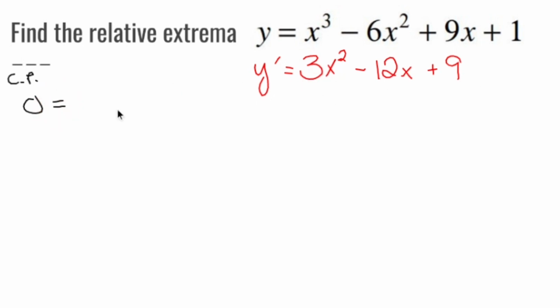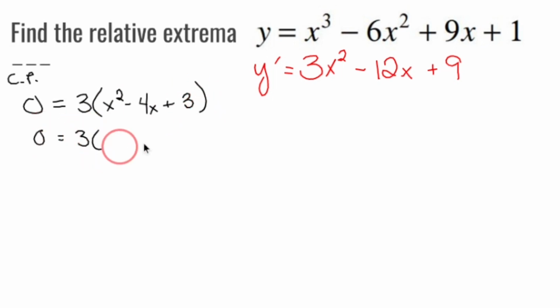I want to factor this guy out. Let's bring out a 3. x squared minus, divide a 3 from that gives me 4x, divide a 3 from that gives me 3. Let's keep factoring. 0 equals 3 times, let me think, 2 numbers that add up to negative 4 and multiply out to positive 3 are going to be negative 3 and negative 1 in no particular order.